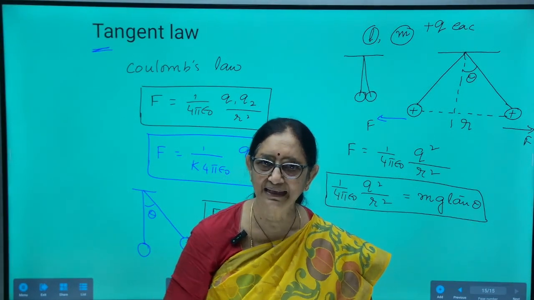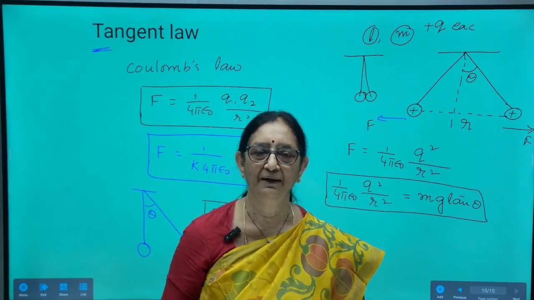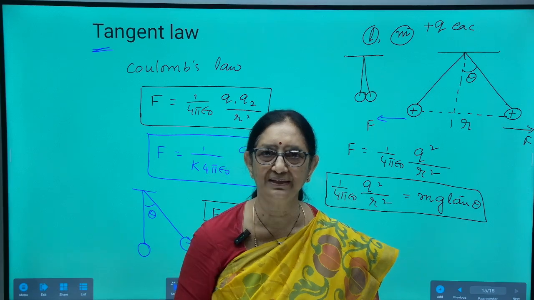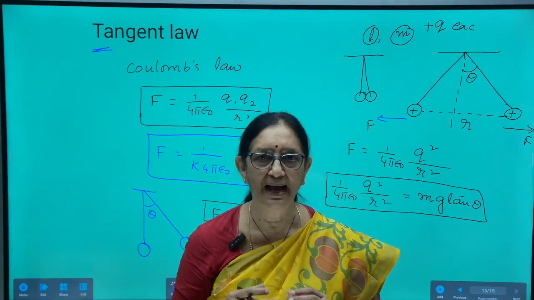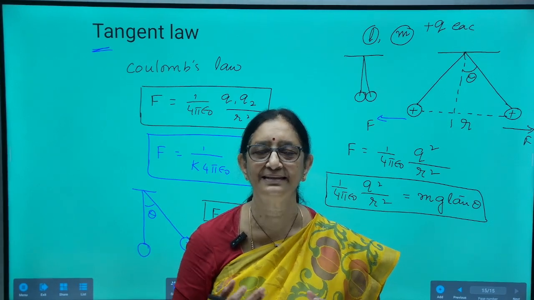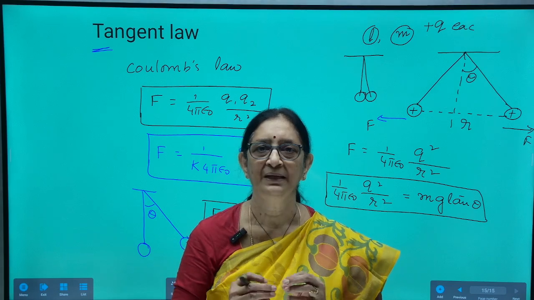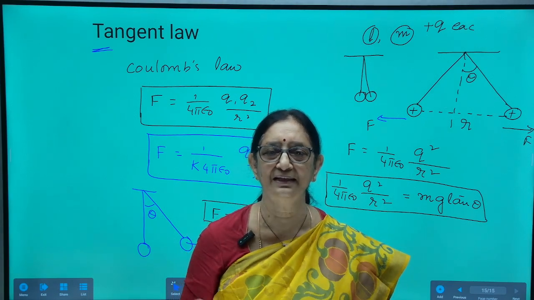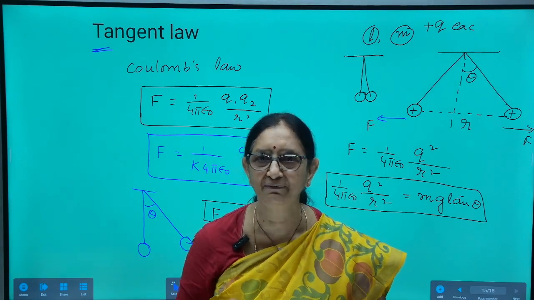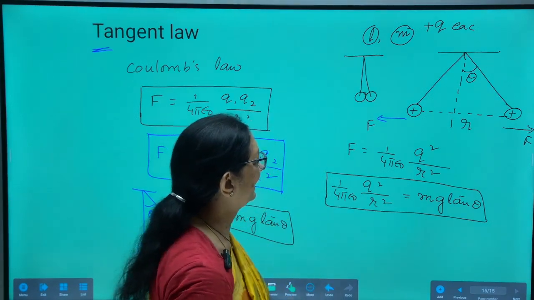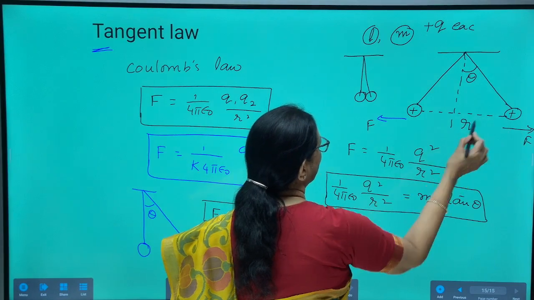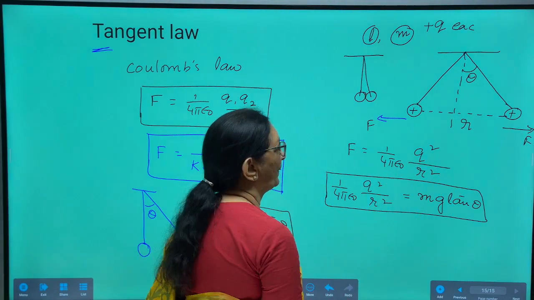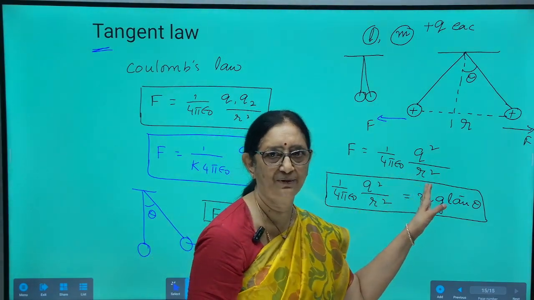So, I am explaining the situation. Two identical simple pendulums with charged bobs plus q each are suspended from the same point. As like charges repel each other, the two pendulums repel each other till they come to an equilibrium position. At that equilibrium position, the force acting on each of them is 1 by 4 pi epsilon naught q square by r square.